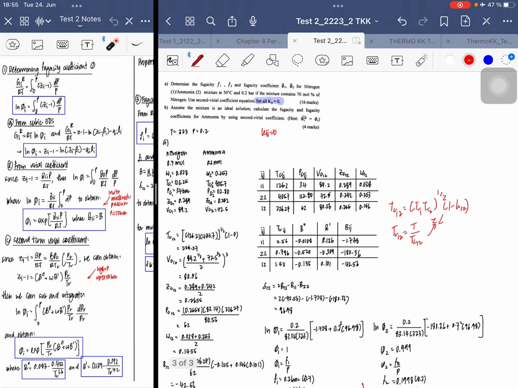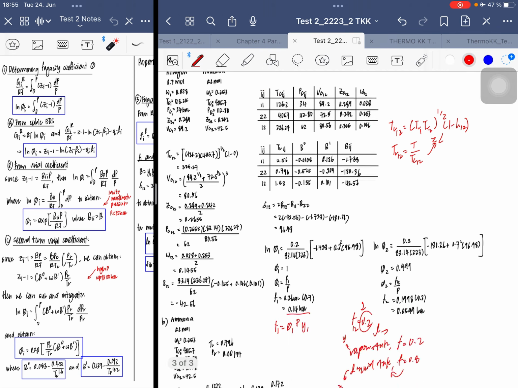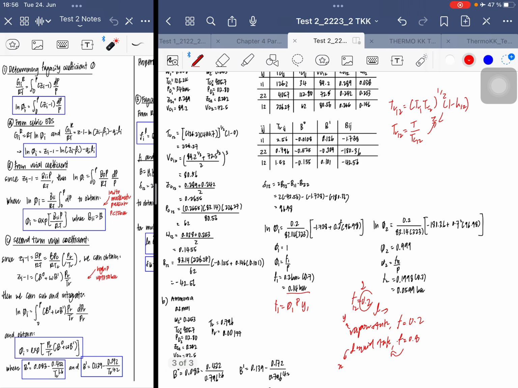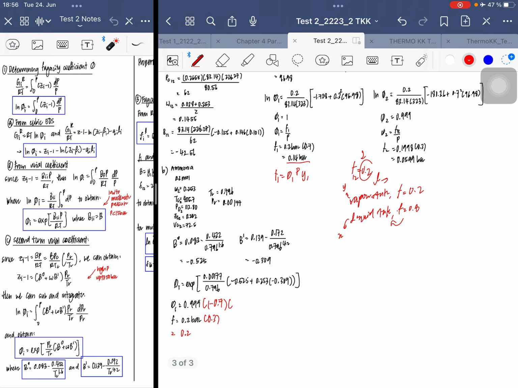Since they want an ideal solution and the mole fraction they give here is in gaseous state, I have to do 1 minus 0.7, which is 0.3. Wait, what did I do here? Times the pressure, which is 0.2.